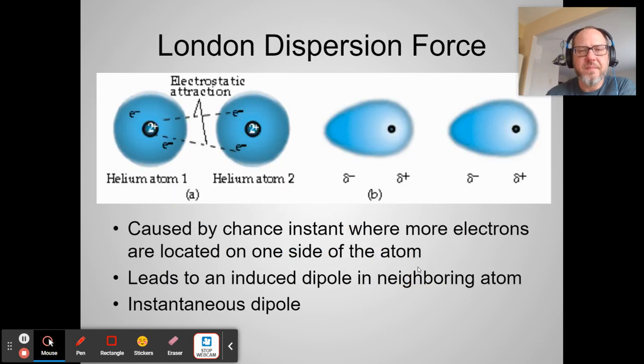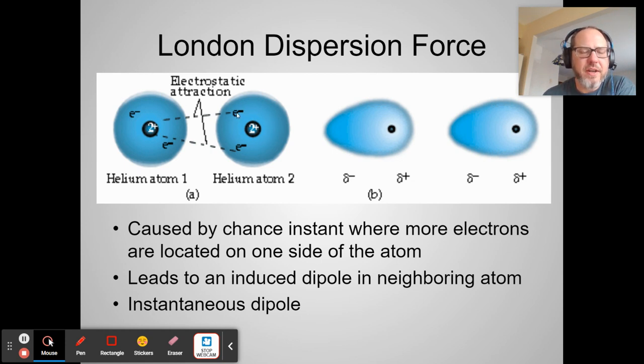So what causes this? Well, the London dispersion force is caused by moving electrons. Because electrons are moving constantly, in a very small period of time, we're talking like femtoseconds, really small amounts of seconds, these electrons might be at one point in time on one half of the atom more than the other half, right?